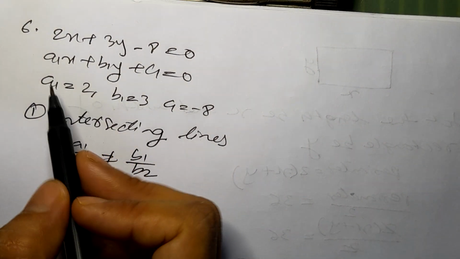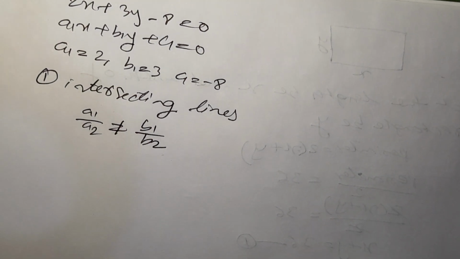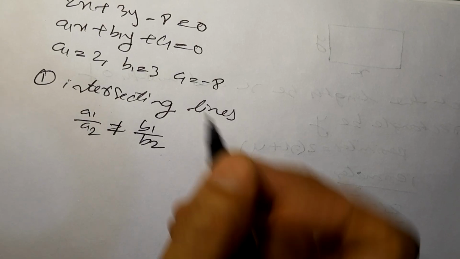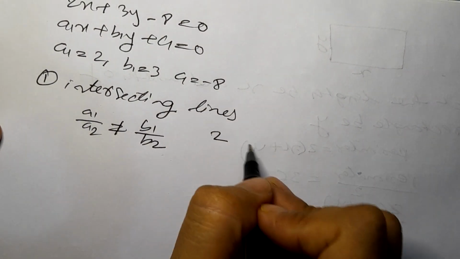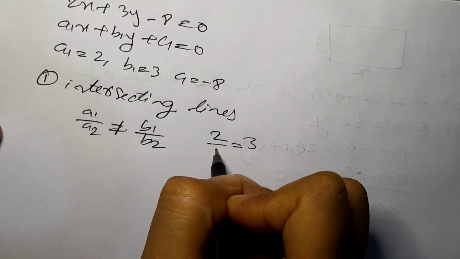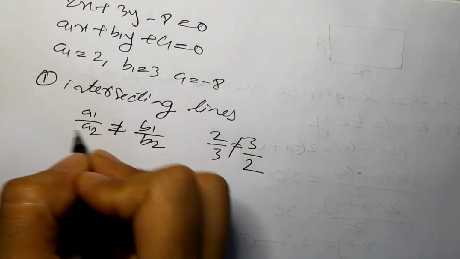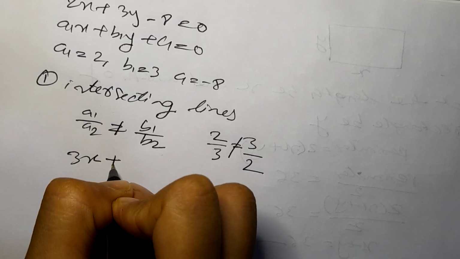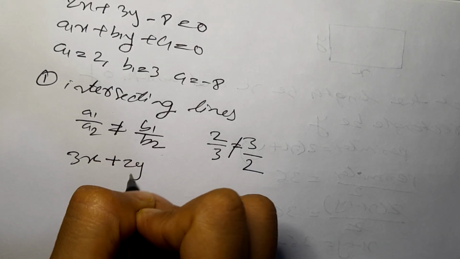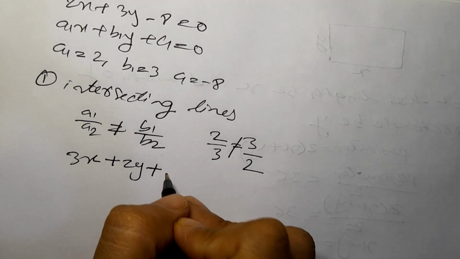I am taking a2 as 3 and b2 as 2, because here 2 and 3 are given. So these are unequal. So it will be 3x plus 2y plus, for c2 I am taking any number, 5, equal to 0. This is equation 1.